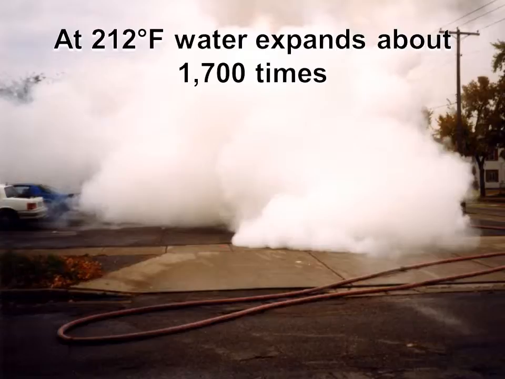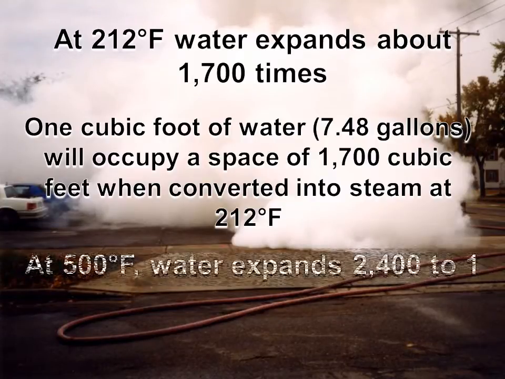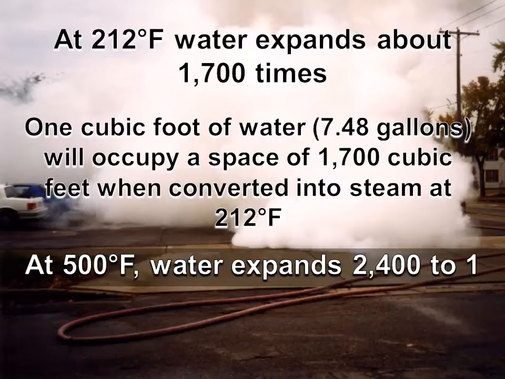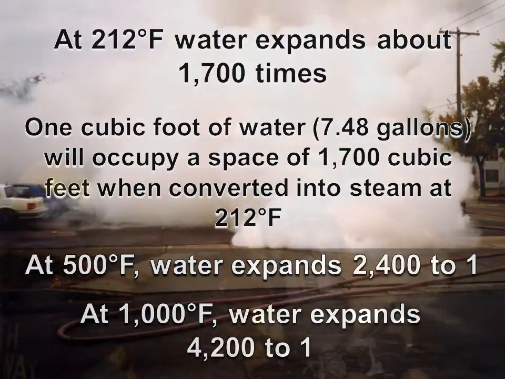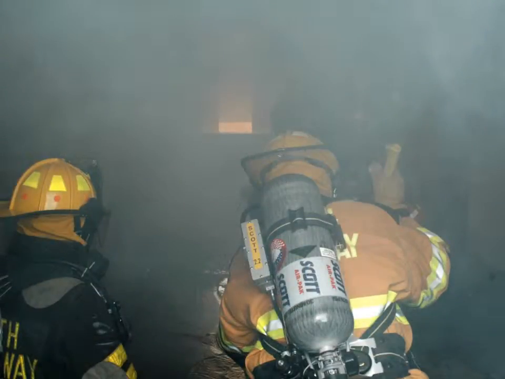At 212 degrees Fahrenheit, water expands about 1,700 times. 1 cubic foot of water, 7.48 gallons, will occupy a space of 1,700 cubic feet when converted into steam. At 500 degrees Fahrenheit, water expands 2,400 to 1, and at 1,000 degrees it expands to 4,200 to 1. The volume of steam produced is also dependent on the amount of water applied.